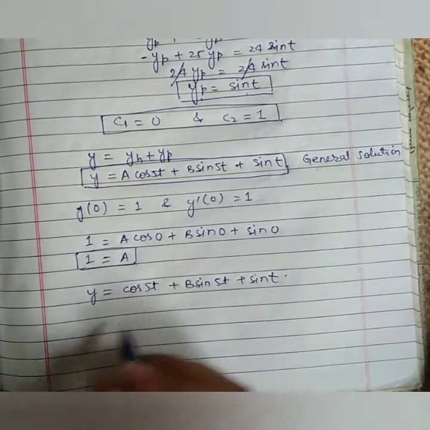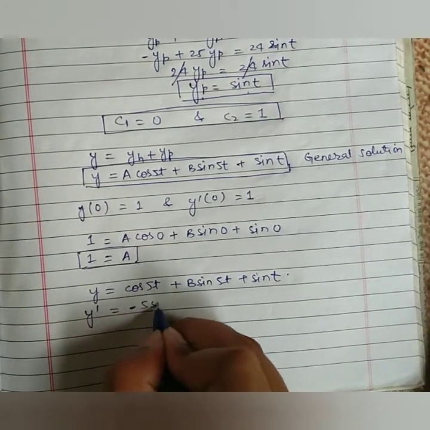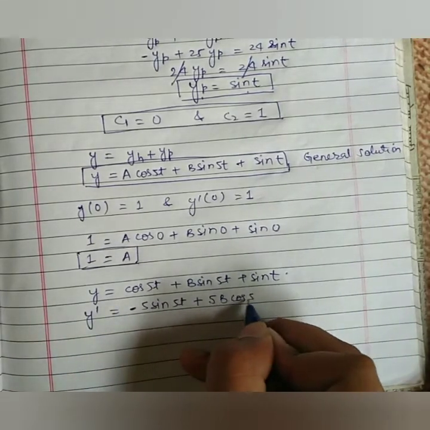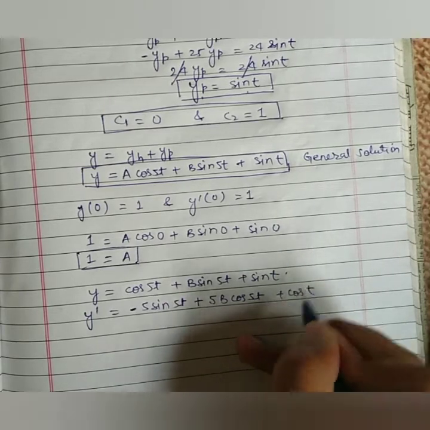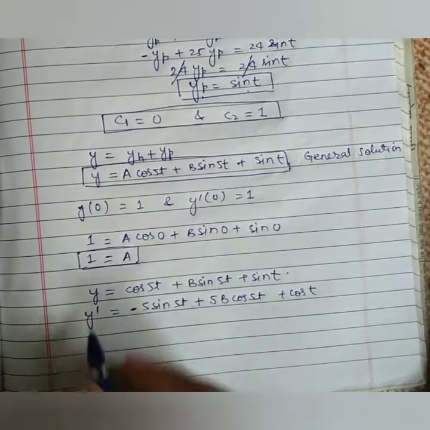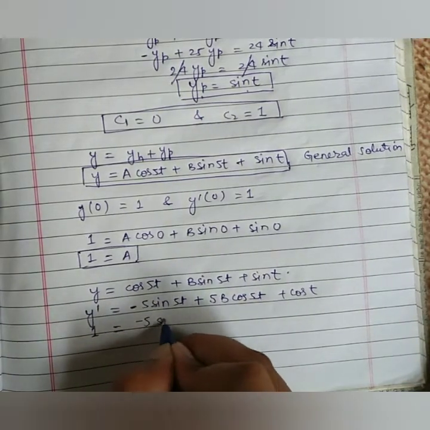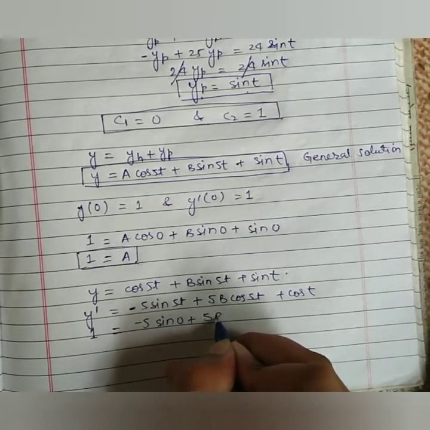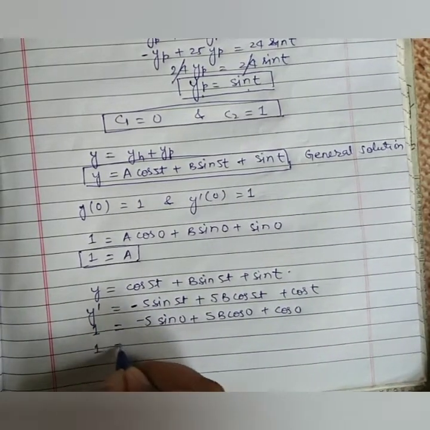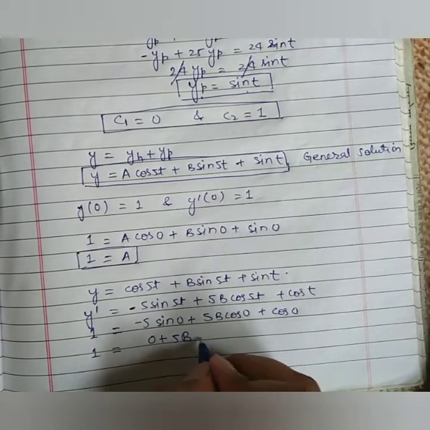And when we differentiate it with respect to time, y prime comes out to be minus 5 sin 5t plus 5b cos 5t plus cos t. And we have been given in the initial conditions that y prime at t equals 0 is 1. So when we put t equals 0, we can write minus 5 sin 0 plus 5b cos 0 plus cos 0. Then 1 equals 0 plus 5b times 1, plus 1.